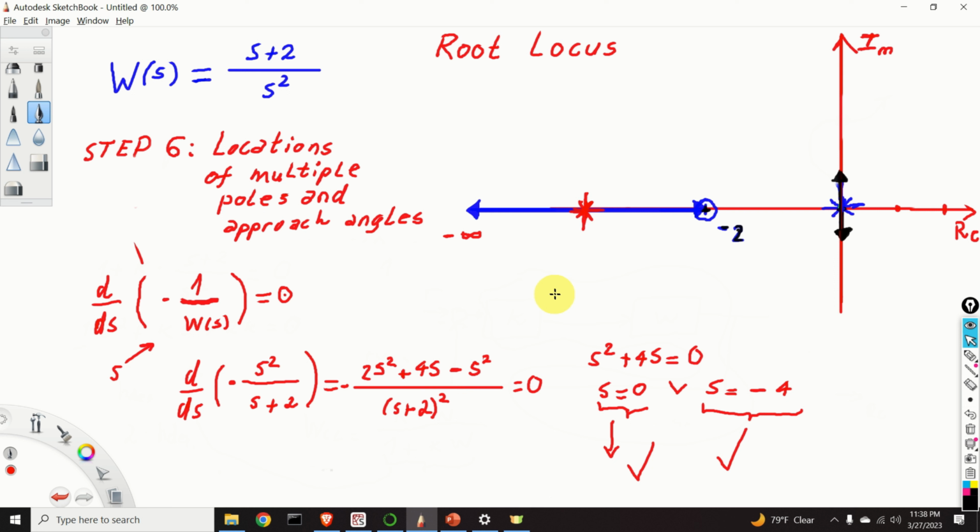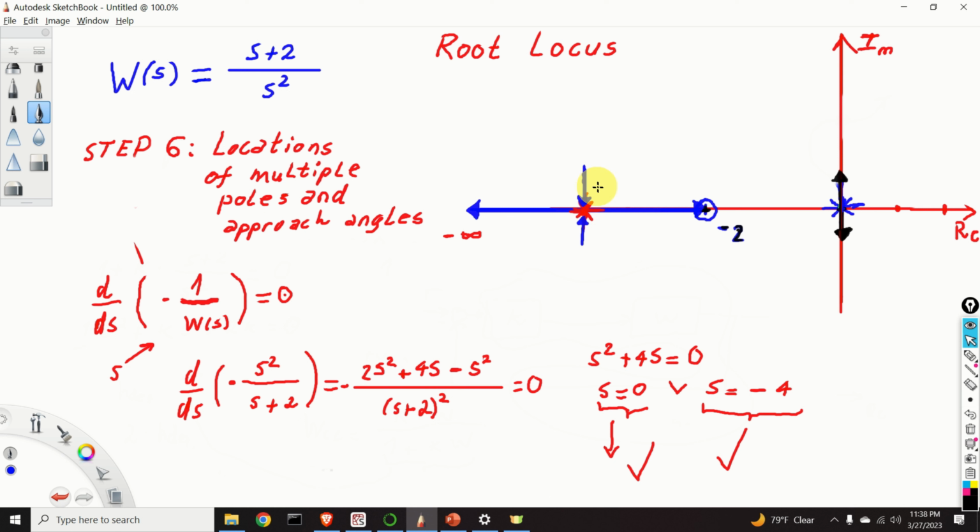Here, I need to mention one very important thing. 2 segments or 2 branches of root locus come together at 180 degrees and break away at plus minus 90 degrees. So what does this mean? It means that at this point over here, we have one branch coming from this side, another branch coming from this side, and they break away plus minus 90 degrees.